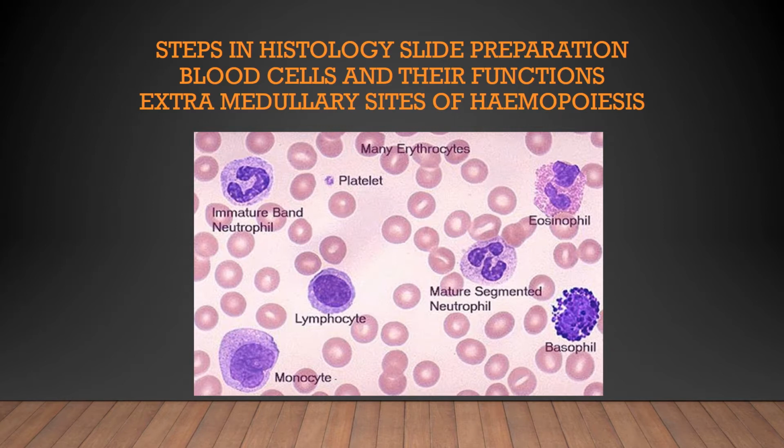Then you have neutrophils, which are the most abundant leukocytes. They contain a multilobed nucleus, a pale pink cytoplasm with large and small granules. Their granules contain acid hydrolases, which digest phagocytosed bacteria during acute inflammatory reactions.